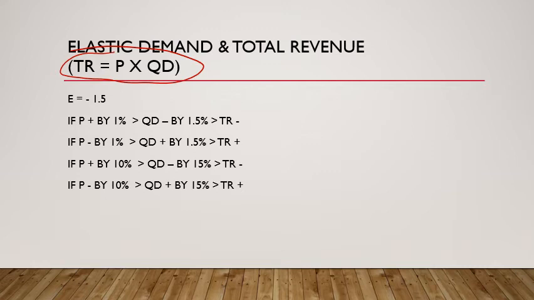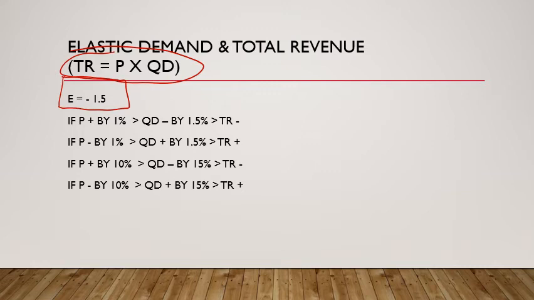So we're going to use this price elasticity of demand, negative 1.5, which is elastic. So our quest here is to explain the relationship between price, quantity demanded, and total revenues, and then come up with a decision as to whether the firm should increase or decrease the price.